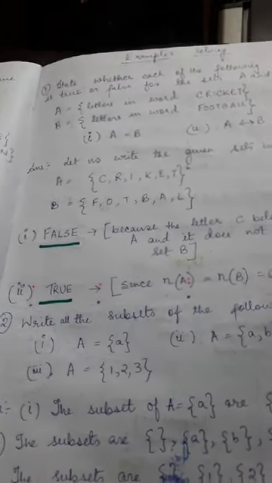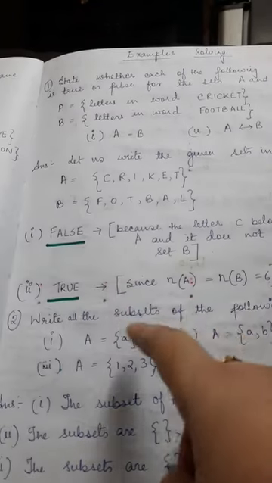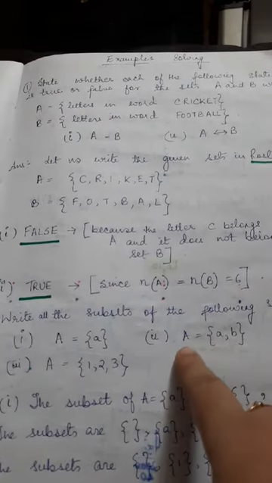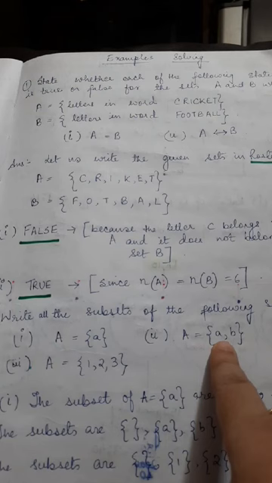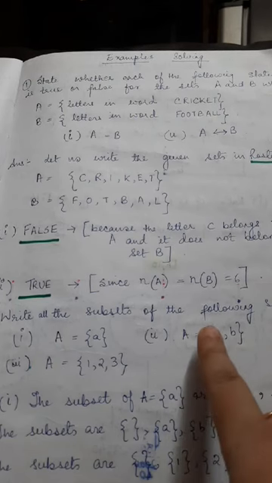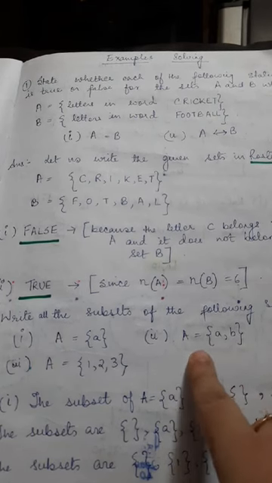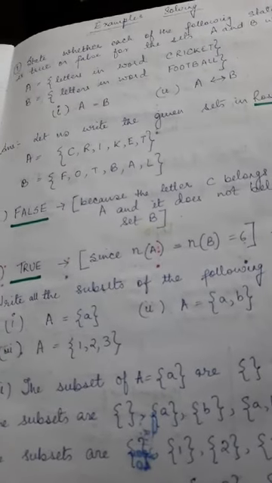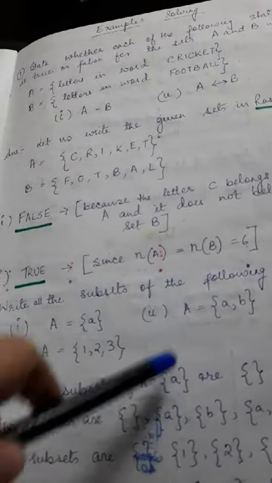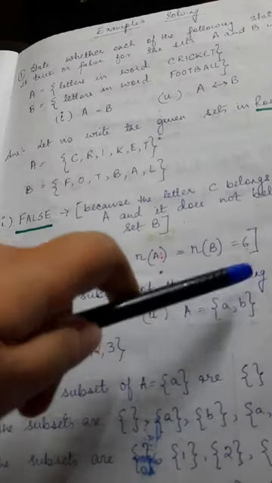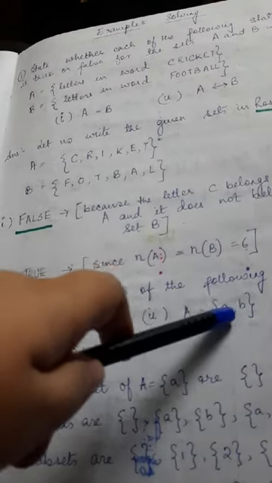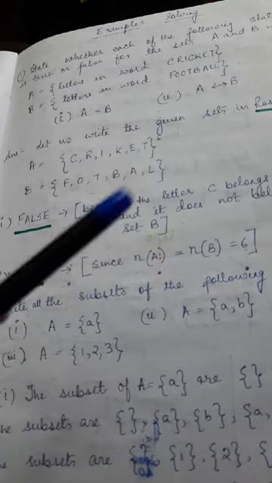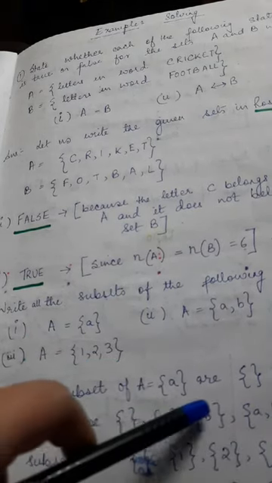Suppose you have set A having A and B as members. You have to find the subsets of this set. How will you find them? You will write the null set, individual member A, individual member B, as well as A and B together. So how many subsets are there? 1, 2, 3 and 4.